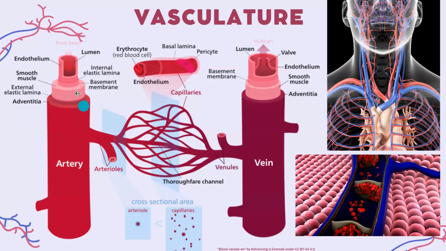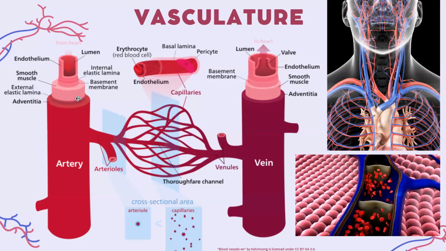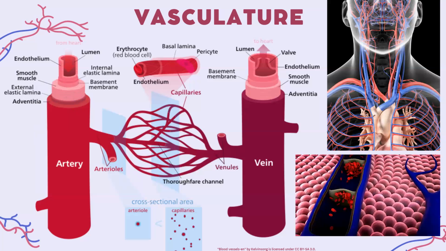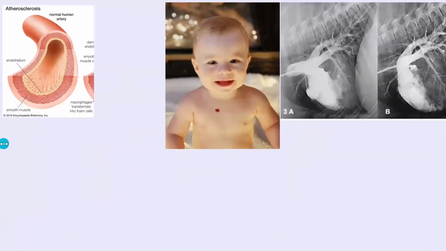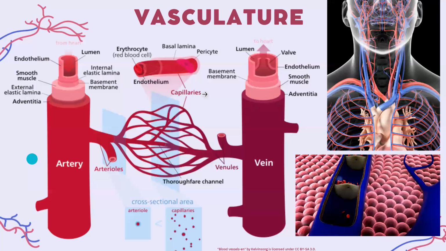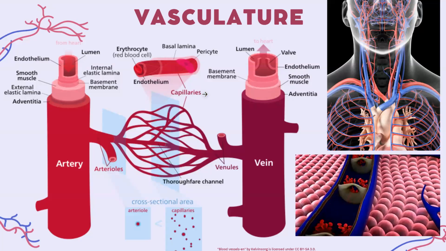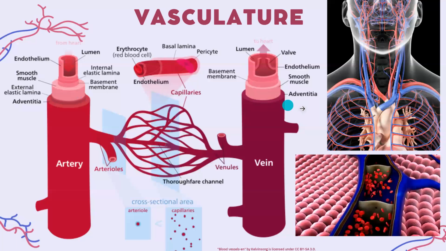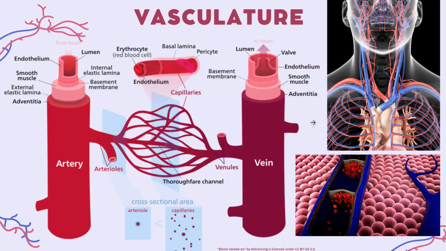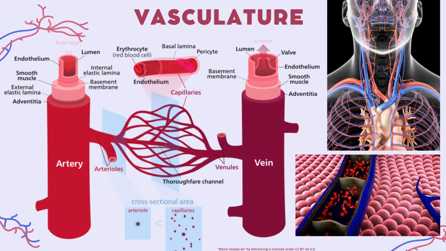So that's one other difference I wanted to point out with the smooth muscle. Our arteries are also under much higher pressure than our veins are. So they have a bit more structure to them to be able to handle that pressure of blood coming from the heart.